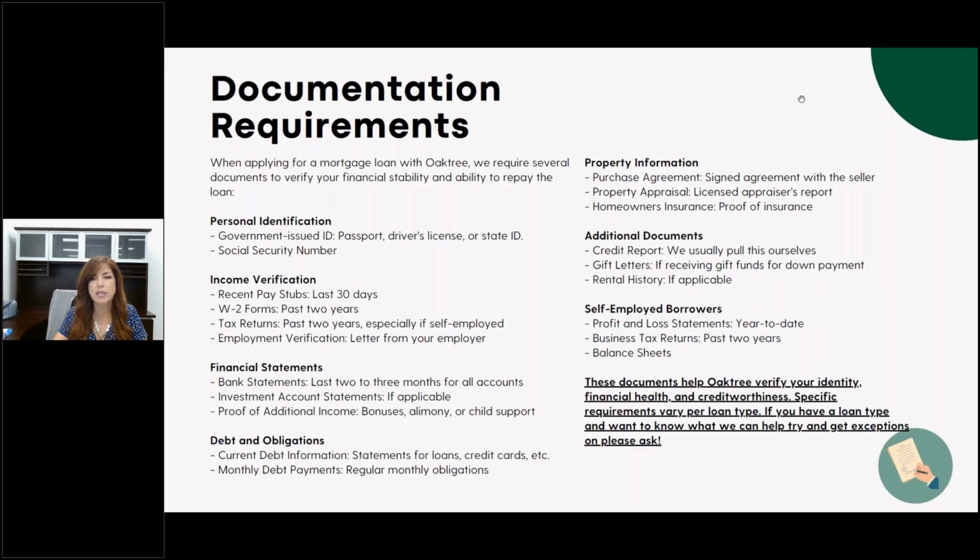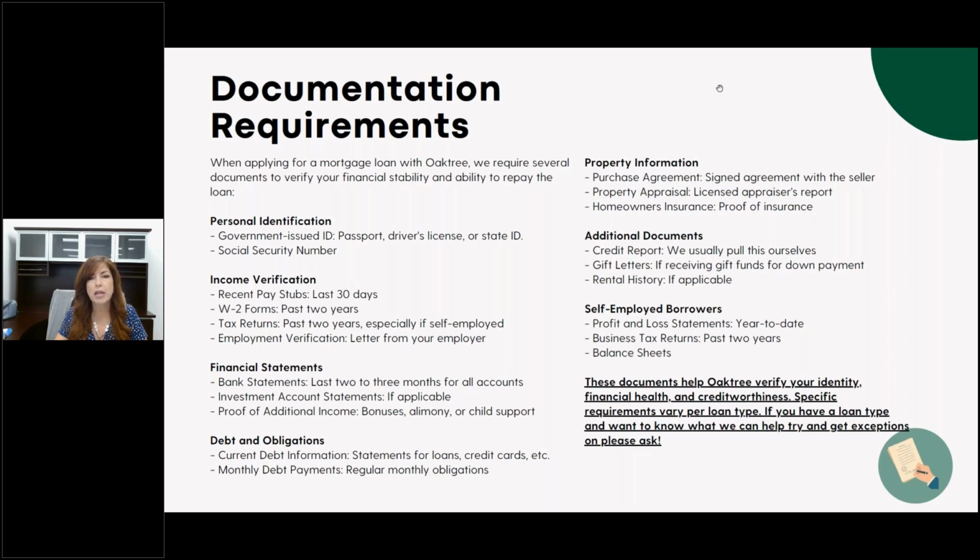Homeowners insurance, I see mentioned here. Remember, on DSCR loans always, but also on investment property loans where we're using rental income to qualify, we will need 6 months of rent loss insurance. So make sure your homeowners policy includes that, so it covers 6 months of the rental income payments.